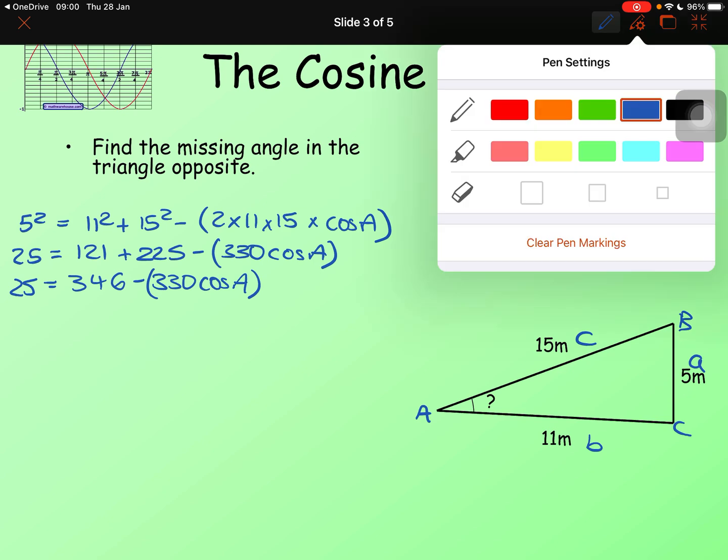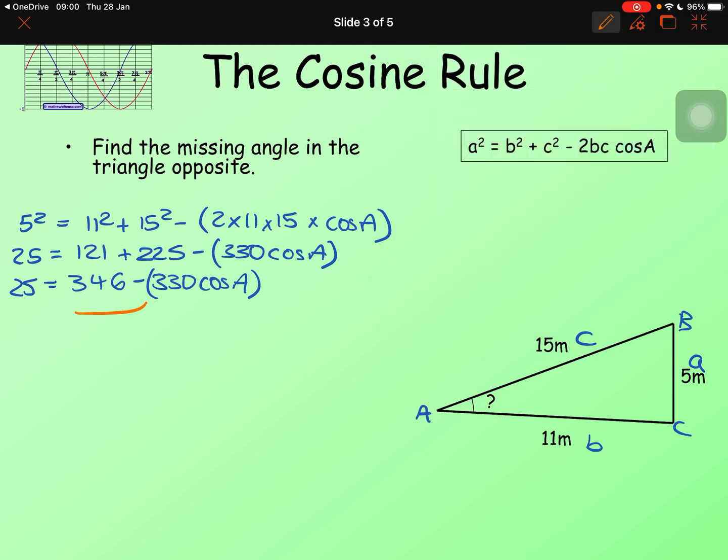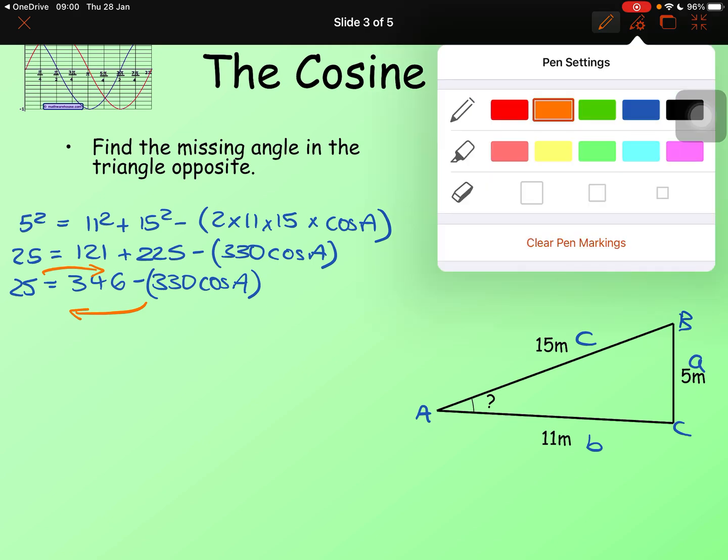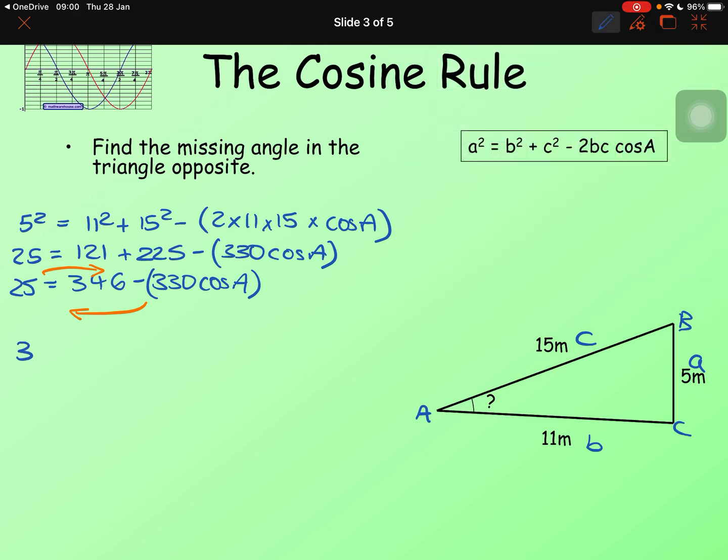Now I can do my little switch. Okay. So I'll do my little switch where my 330 goes one way, my 25 goes the other. So I will end up with 330 cos A equals 346 minus 25. So 330 cos A is going to equal 321. Divide underneath by 330, so we can have cos A on its own.